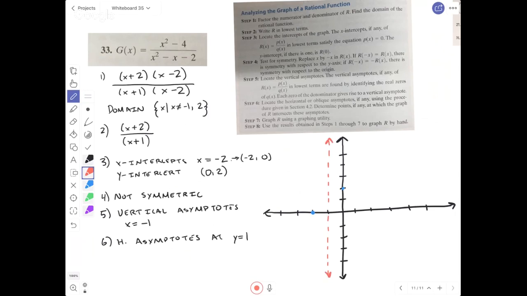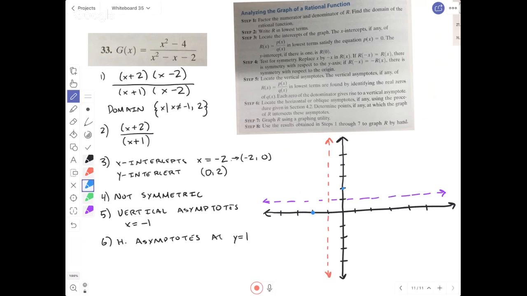And I have a horizontal asymptote, which is going to be in purple at y equals 1. And there we go. I'm ready to graph.